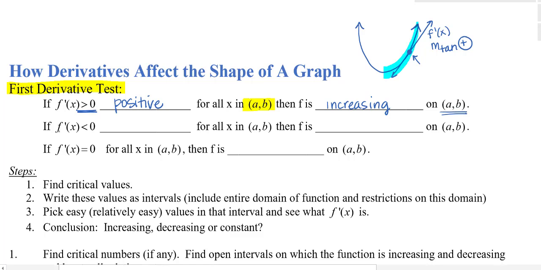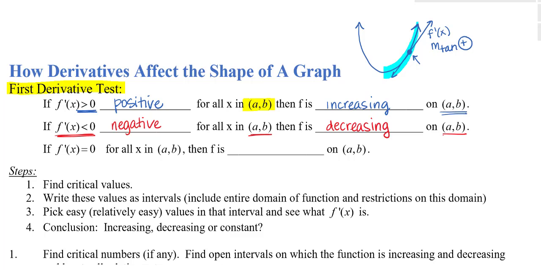Following that, we have if f prime of x is less than 0 or negative, so if I have a negative sloping tangent line for all x in that open interval, again AB, then we say the original function is decreasing on that open interval AB.